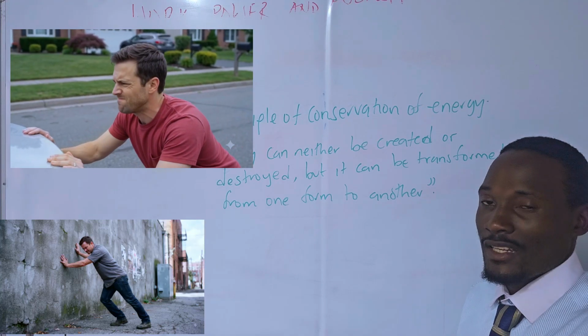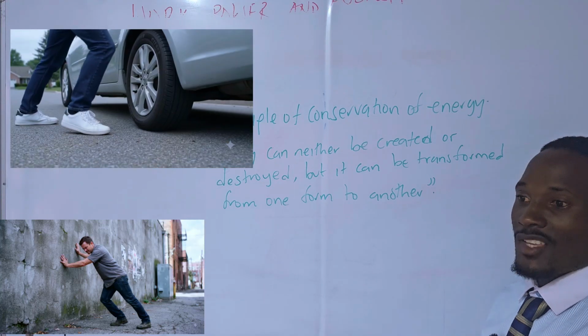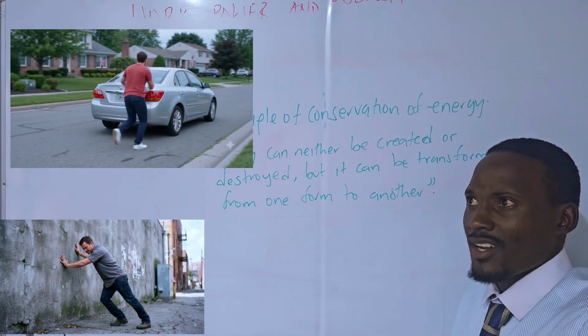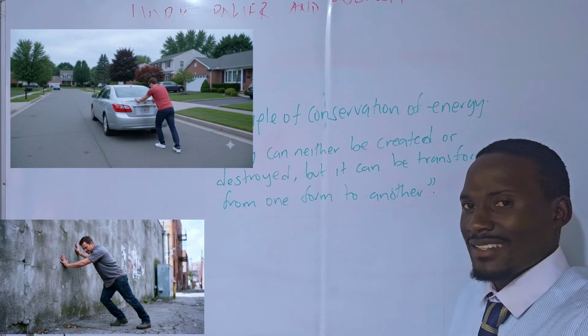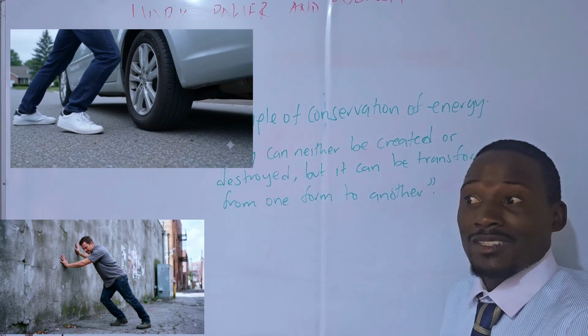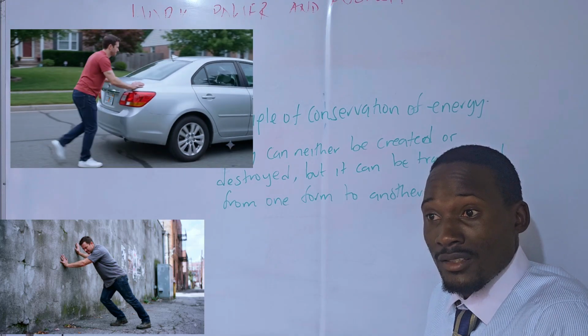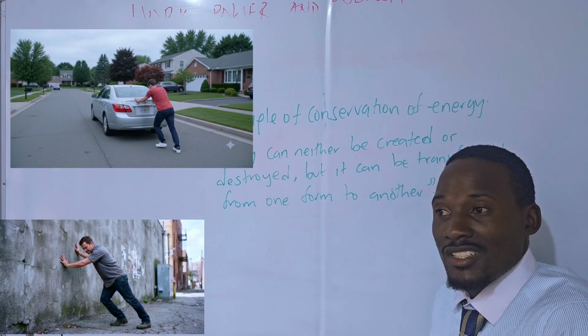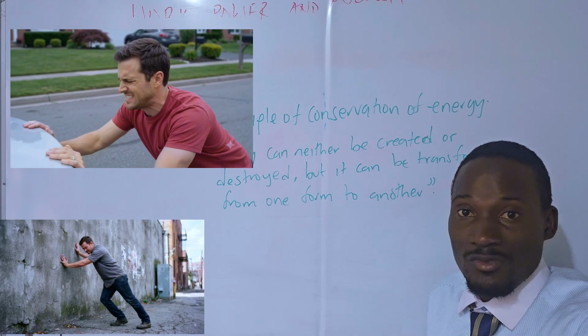So that was chemical energy. So it was being transformed into kinetic energy, because for the car to move, it must possess kinetic energy. So if we want a car to move, we must give it kinetic energy. It means the energy we supply must be converted into kinetic energy for the car to move.